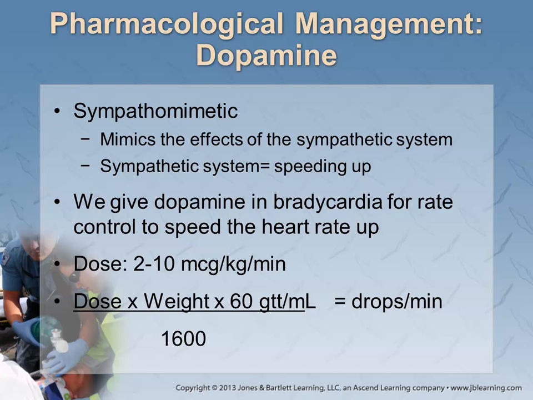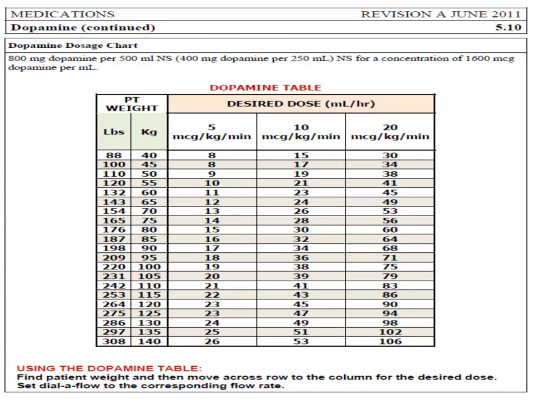Most of your pre-hospital concentrations are going to be a 1,600 mic concentration. It's 800 milligrams per 500, which equals 1,600 mics.